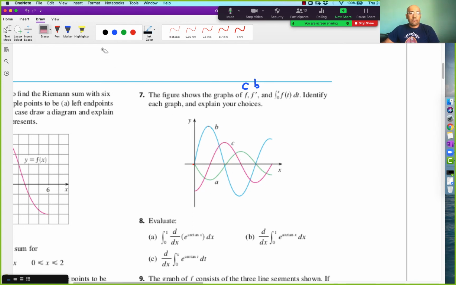Good. And now for the area, let's erase this over here and make sure that it makes sense. If f is c, then I'm integrating c.